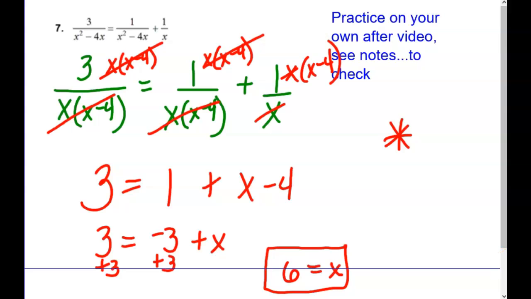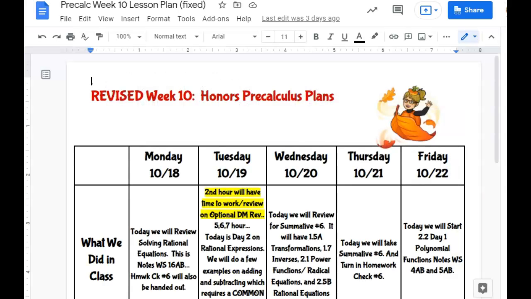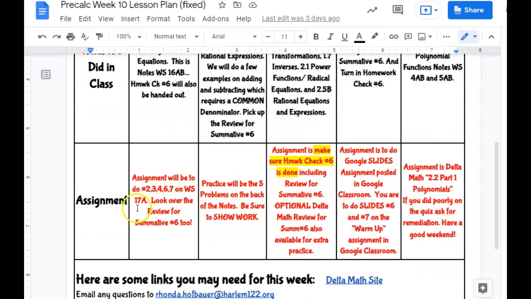Is that all I have? I thought I put a... Okay. So what's your assignment? And why is it not on my slide? Yeah, it says to do 17A. It says at the top, do 2, 3, 4, 6, and 7. Okay?